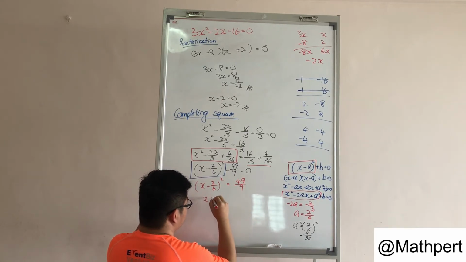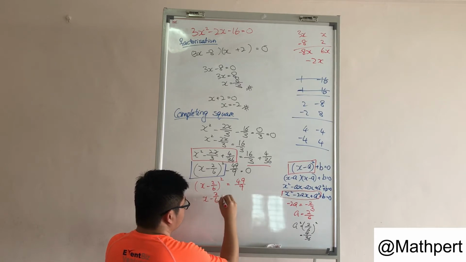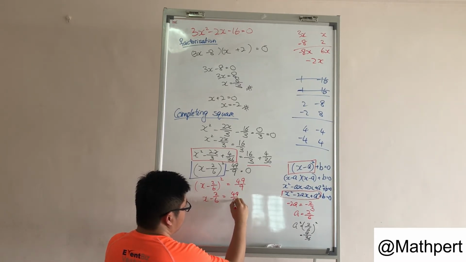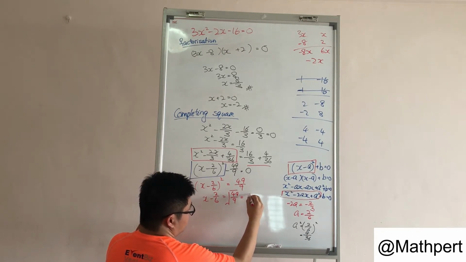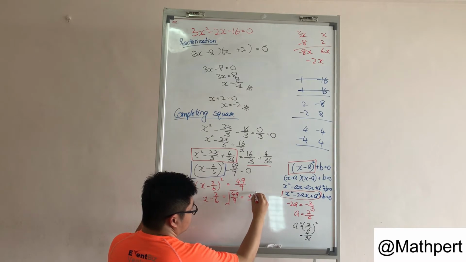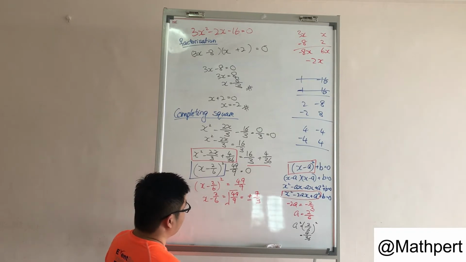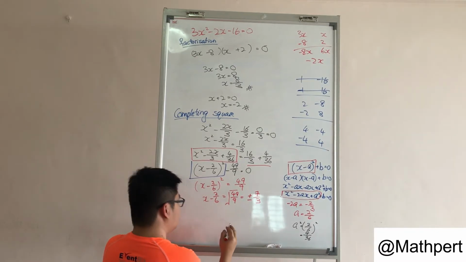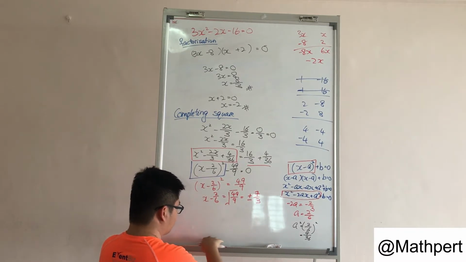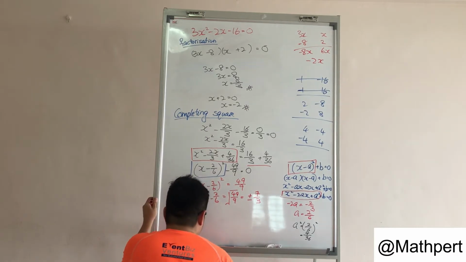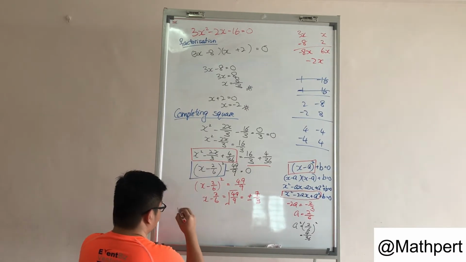So x minus 2 over 6 equals the square root of 49 over 9, which is plus or minus 7 over 3. So in this case, there are two roots for x.